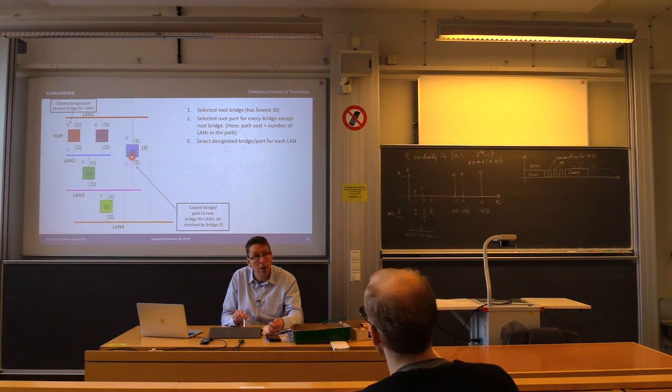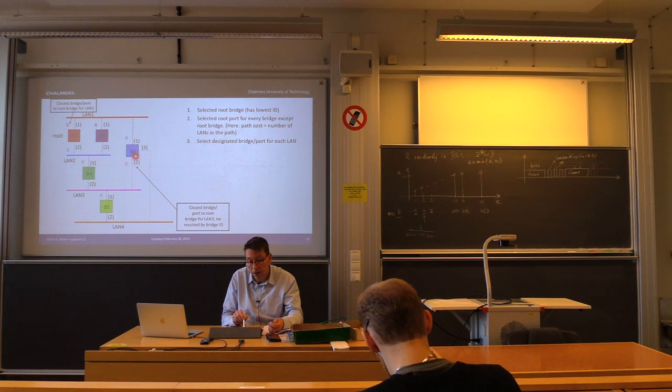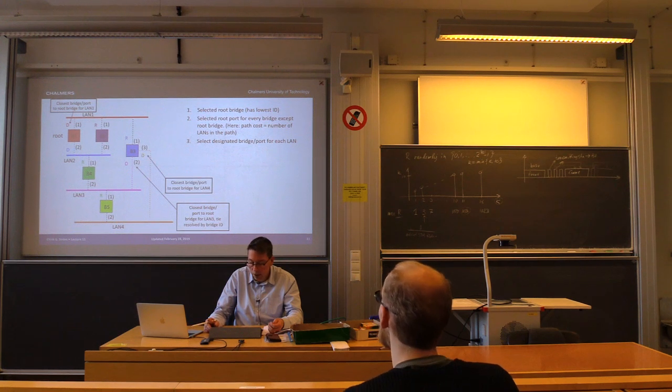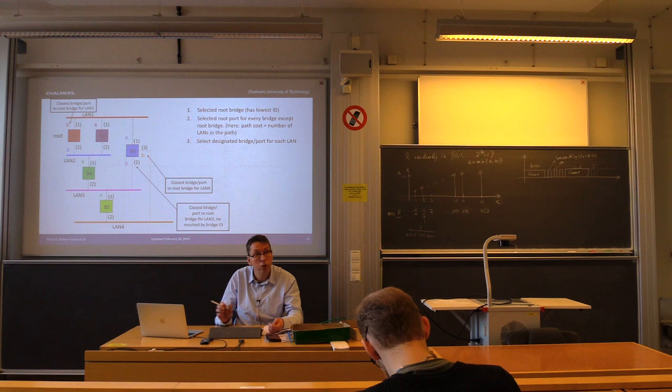Nevertheless, we choose this one because 3 is less than 4. So we have a tiebreaker here in the bridge ID. So then this becomes the designated port. And then for LAN 4, we have this choice or this choice, and this happens to be the best choice.